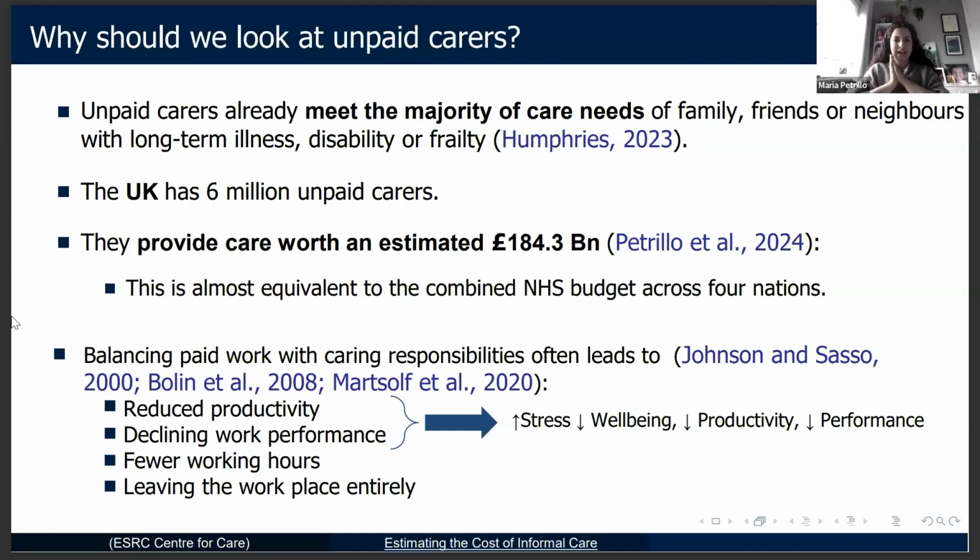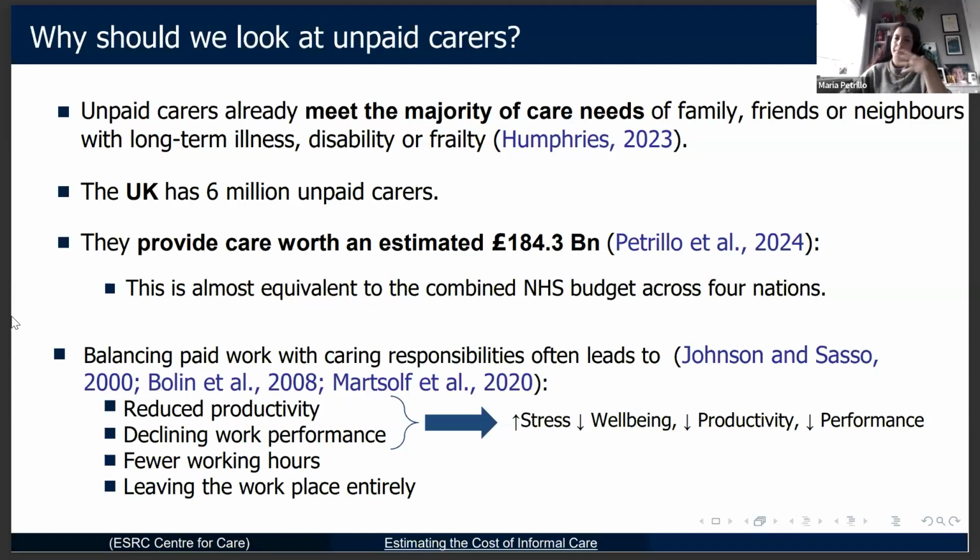Balancing paid work with caring responsibility often leads to reduced productivity, declining work performance, fewer working hours, and various opportunity costs, which negatively impact caregivers' income. Many occupations require fixed work schedules, which by definition are incompatible with the unpredictable nature of unpaid care, and flexible work arrangements are very hard to secure.